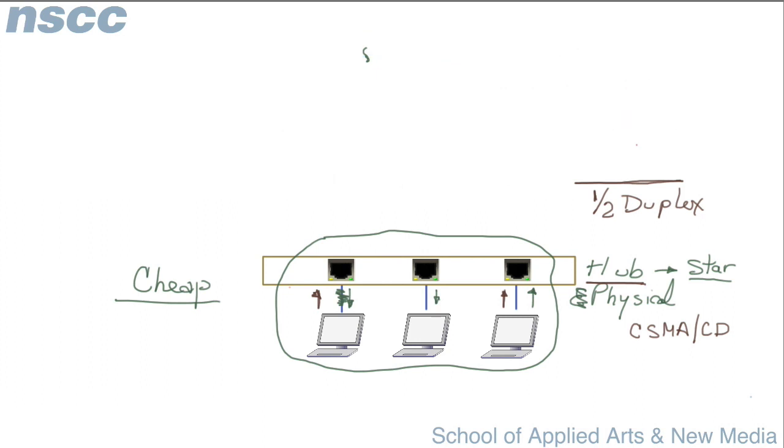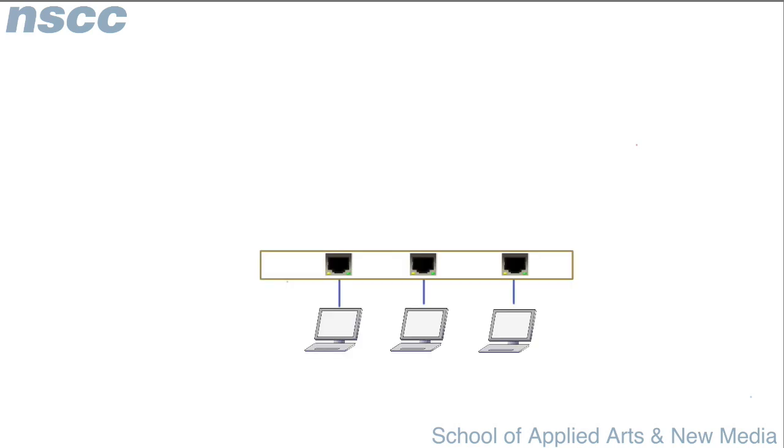So now enter a more elaborate device, and this device is called a switch. And how did a switch differ from a hub? Well, inside the switch, we had a whole CPU. So we had a computer, we had memory.